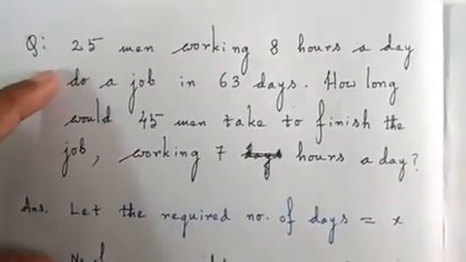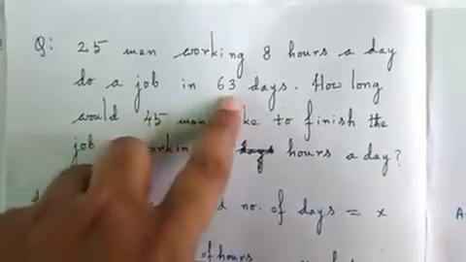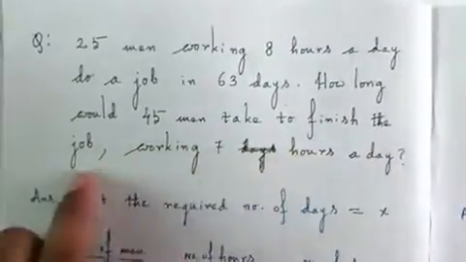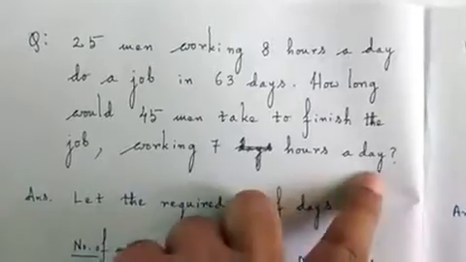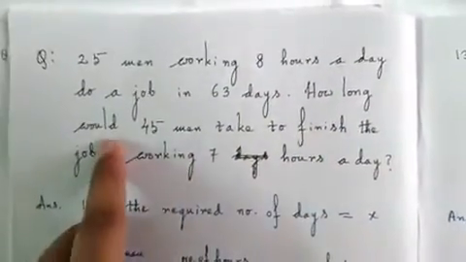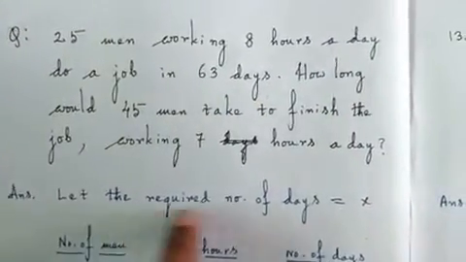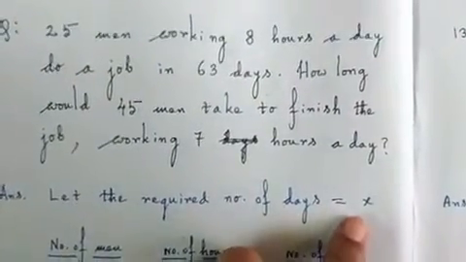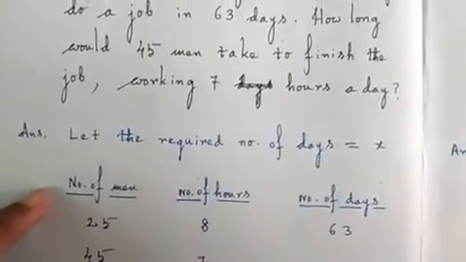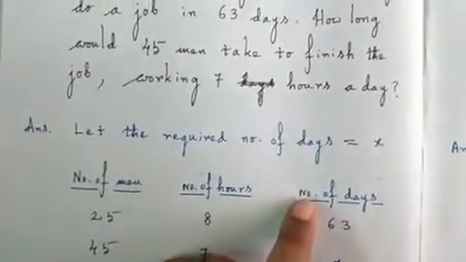Let's take another sum. 20 men working 8 hours a day do a job in 63 days. How long would 45 men take to finish the job working 7 hours a day? So what is unknown? How long, that means how many days. Let the required number of days be X. Three physical quantities we have here: number of men, number of hours per day, and number of days.